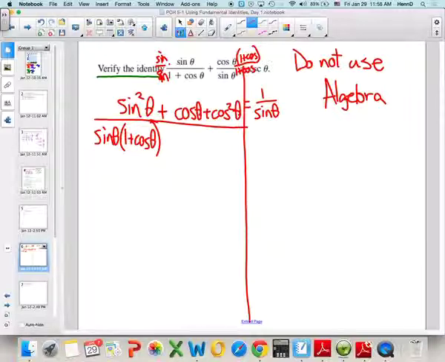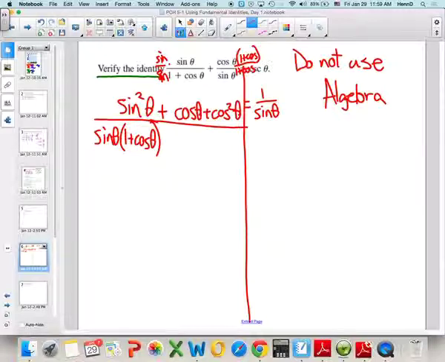Just because you end up in the right spot doesn't mean you necessarily got there in the legal way. There may be a way where if you do some other stuff, it may end up that way, okay? But you can't just say, oh, I'm just going to flip this and make the 1 negative.